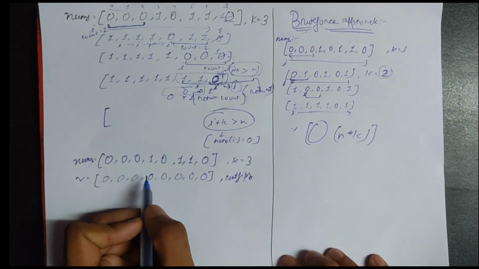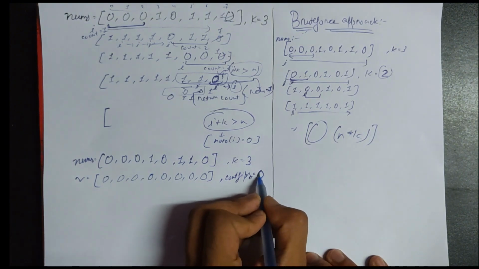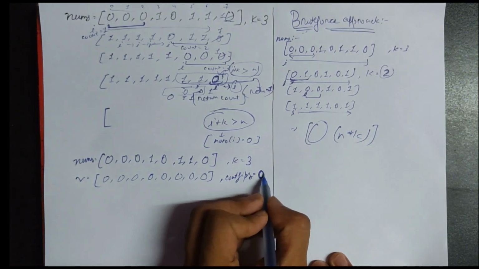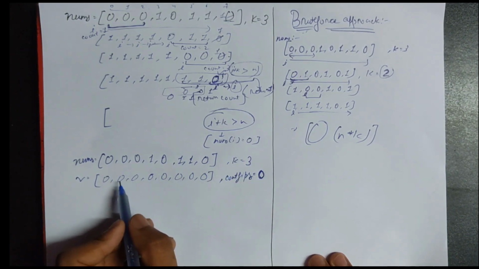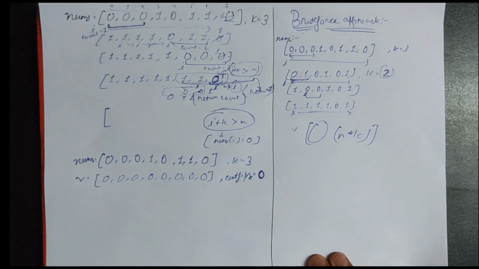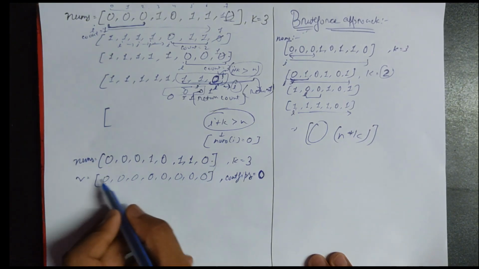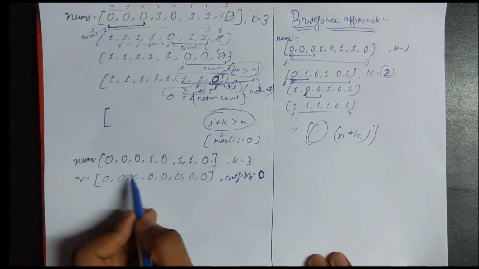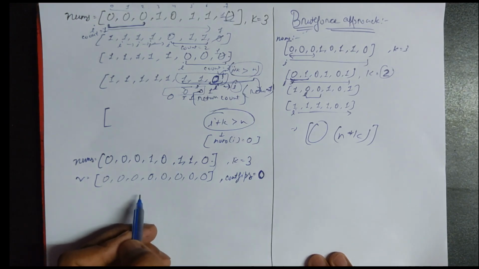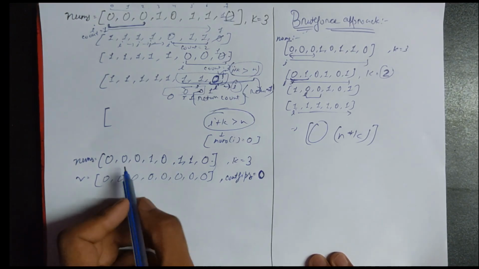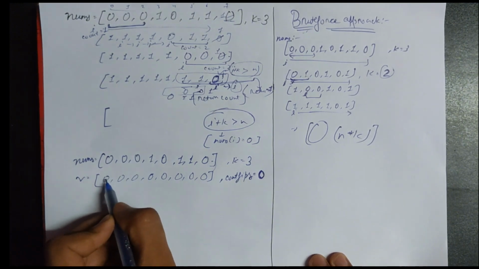Now what we can do to reduce complexity is take a variable count flips, which will store the total number of flips in the previous range only, and we can create a hash map. Let's declare a vector of the same size n, putting all the values 0 initially, and at any point if we toggle any value, we will simply mark the hash map value as 1.